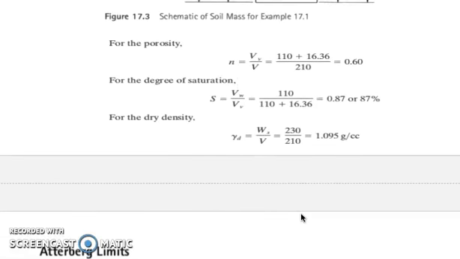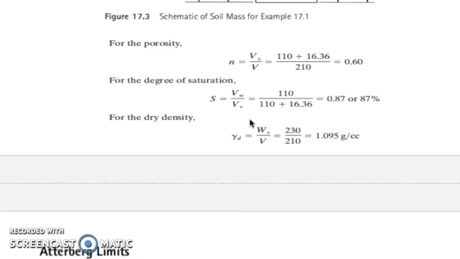And for the porosity, we have our equation, n to denote porosity, which is equal to the volume of the voids over the total volume. If you substitute the values, we get 110 plus 16.36.